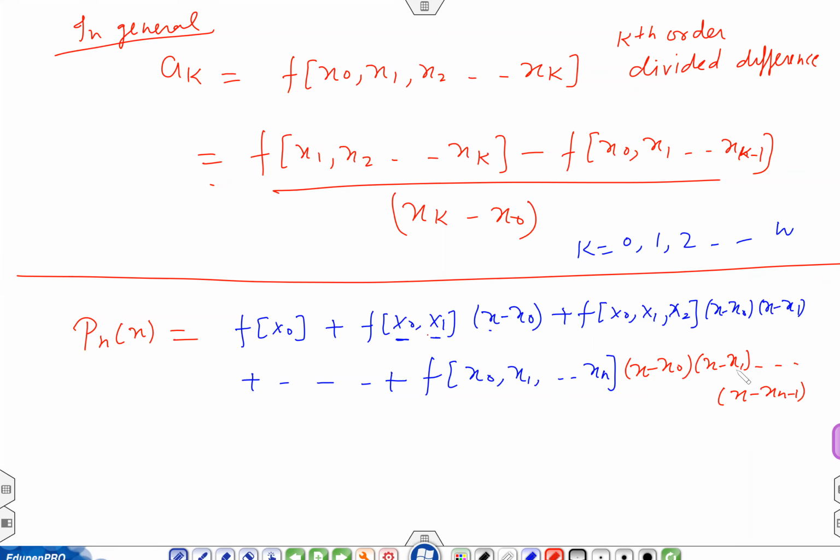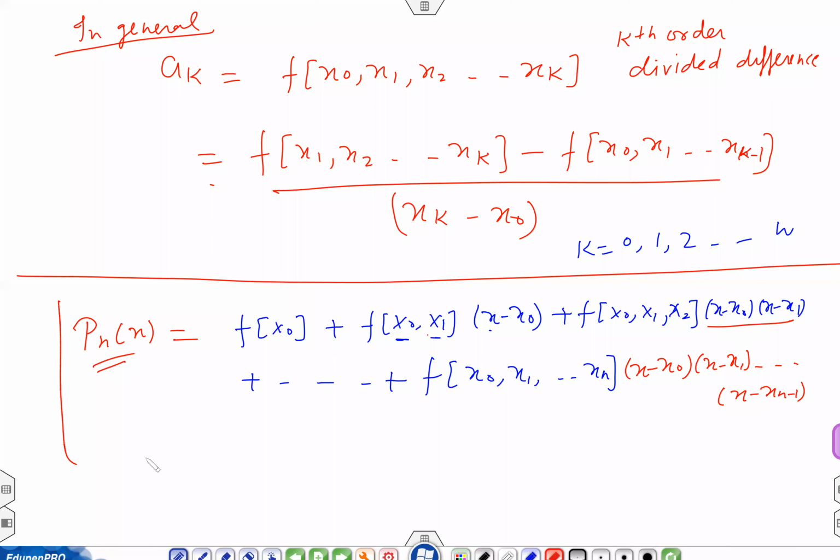This is important. You should keep remembering. Because I told you Pn(x) is a polynomial of degree n passing through n plus 1 data points, and it starts from x minus x0 and goes up to xn minus 1. So this is a polynomial of degree n. If it takes one more point, xn, then it will be degree n plus 1. So this is the important thing that you should make clear.